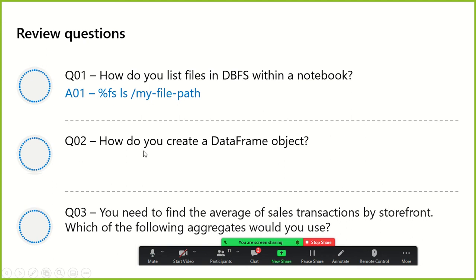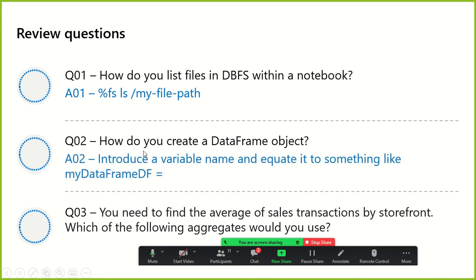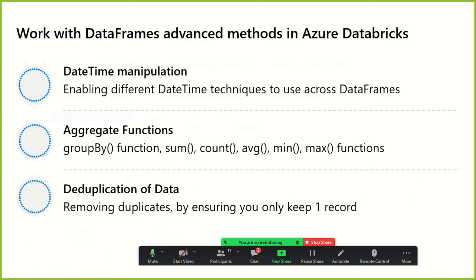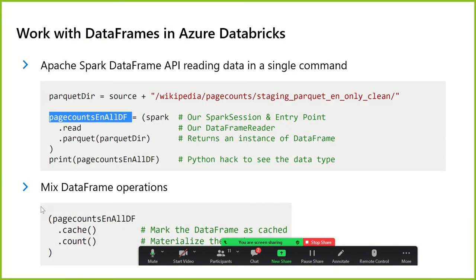Okay, then how do you create a data frame object? To create a data frame object, you need to introduce a variable name and equate it to something like this: my data frame df. If I go back to this one, this is the name of a data frame, and then you put equals to.